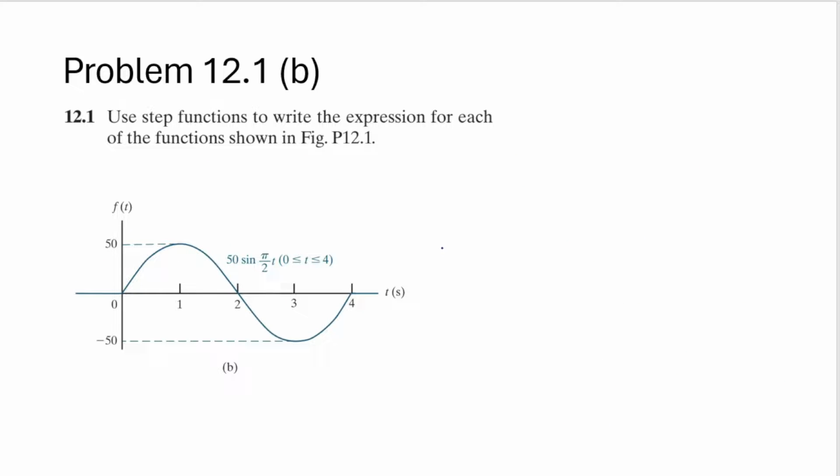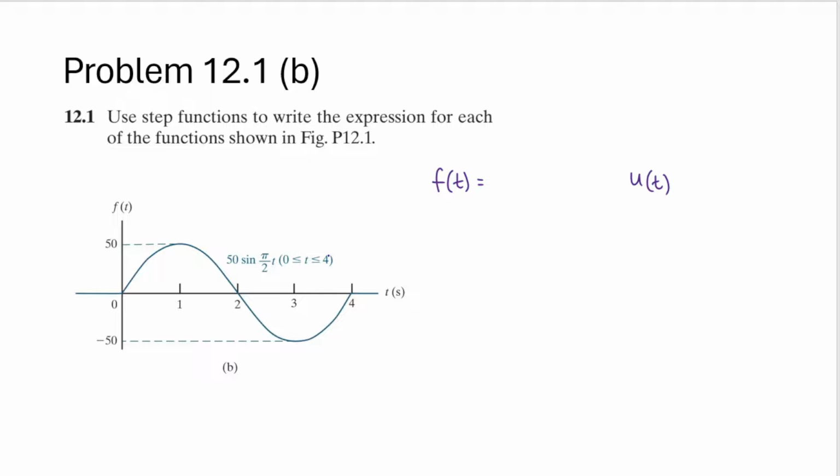Okay, problem 12.1b. The question is still the same: use the step function to write the expression for each of the functions shown in figure 12.1, and this is question B. This starts at 0, so we obviously have f(t) equal to something times u(t). However, if we have u(t), that will be stopped at 1 here.